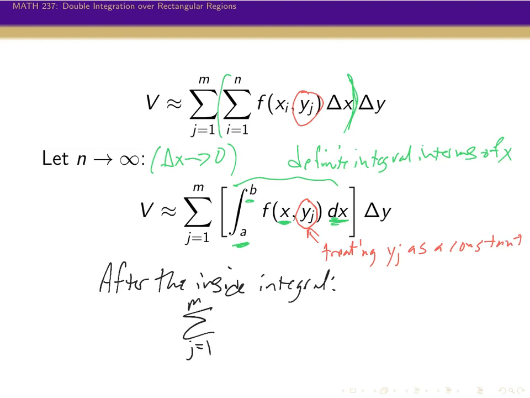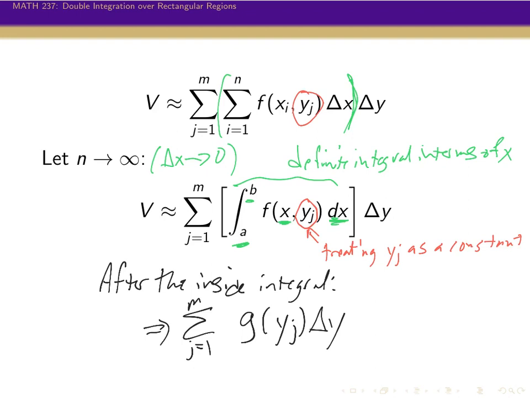that looks like this, and it will be some new function, but now it's a one variable function only in terms of the yj's times the delta y. Well, this now looks exactly like a Riemann sum that's just in terms of y, and so if we take m going off to infinity, we can integrate this the same way.